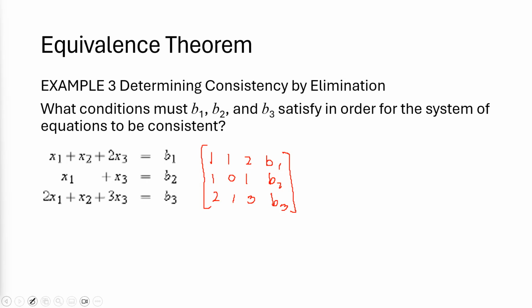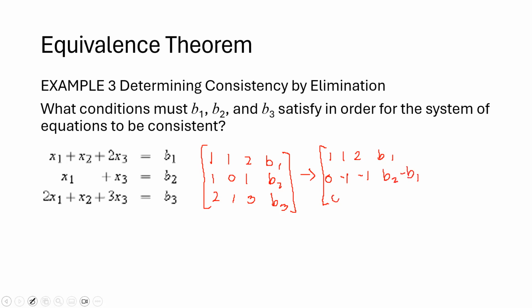In this case, we have a resulting matrix of 1, 1, 2, B sub 1. Here you have 0, negative 1, negative 1, B sub 2 minus B sub 1.